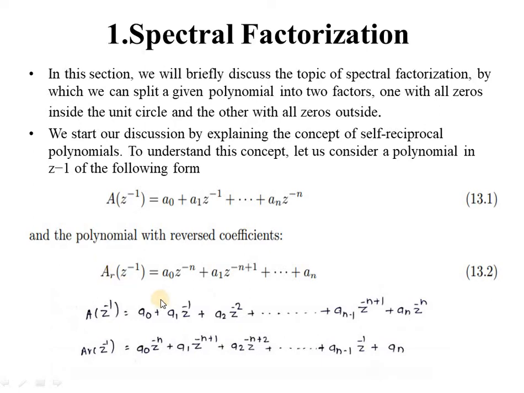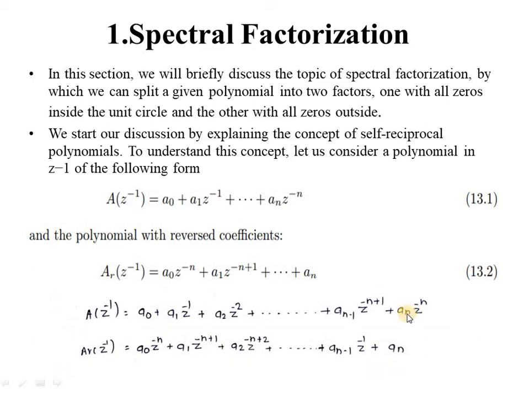Now let's suppose that we have assumed the reference. We have first assumed this A polynomial only. For this A polynomial, suppose we have assumed this instant as a reference. Now if we assume this as a reference, we have to replace the value of z raised to minus n only, as we assume the reference as it is here.